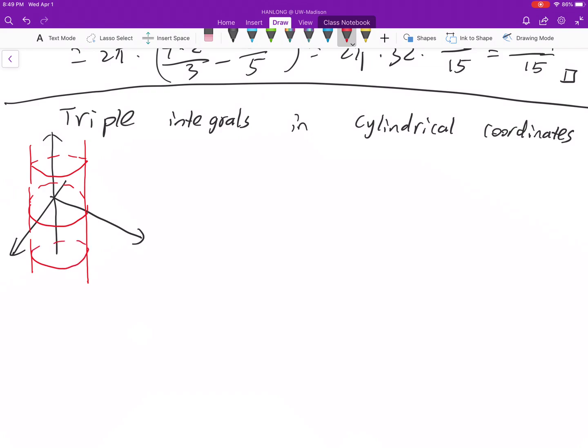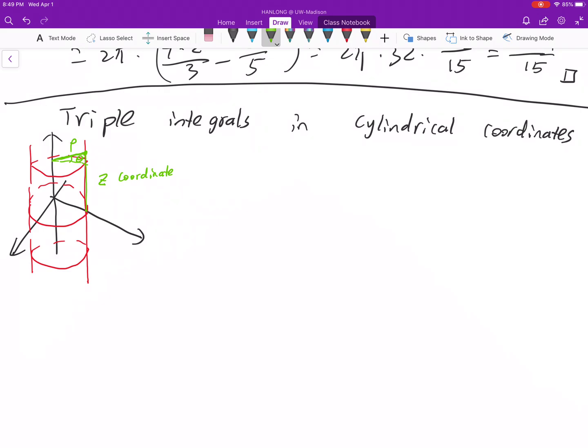Okay, then for each coordinate, for example here, each point you can describe by three numbers. First is the z coordinate, and then for the xy coordinate, you describe by polar coordinates rho and theta.